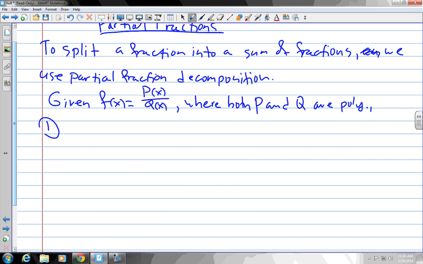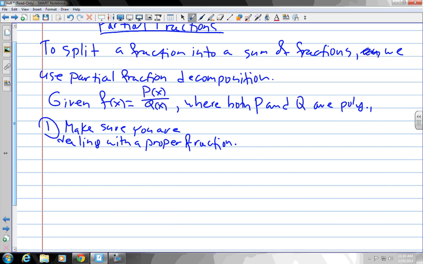first, make sure you're dealing with a proper fraction. What I mean by that is the degree of the denominator has to be strictly greater than the degree of the numerator.